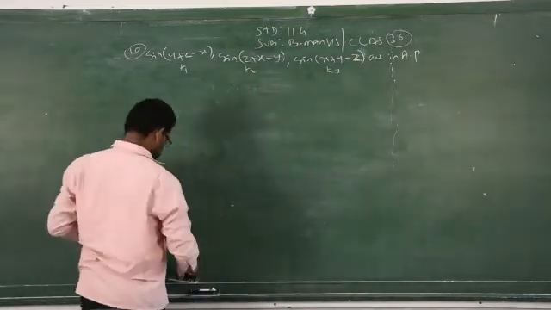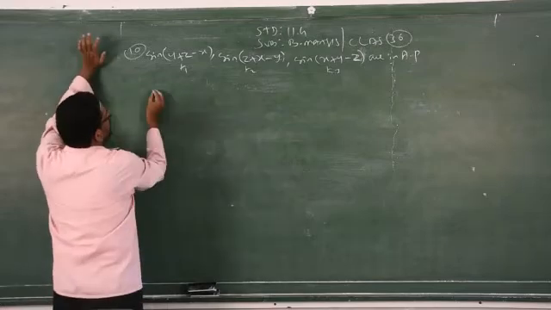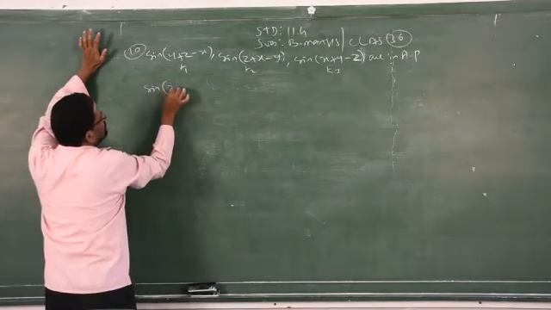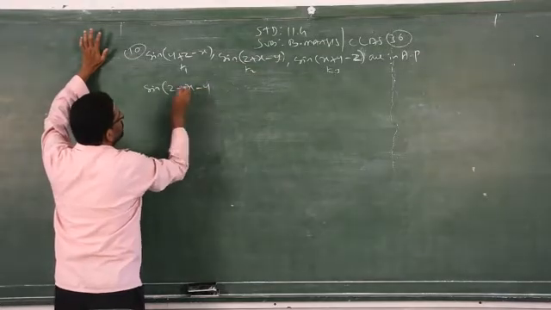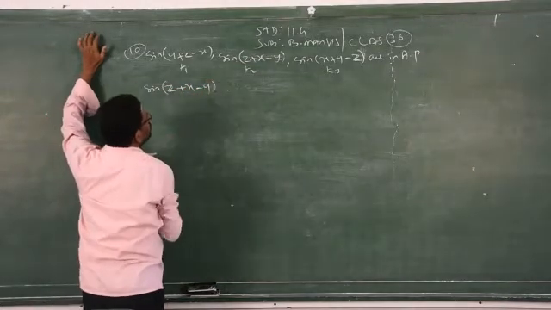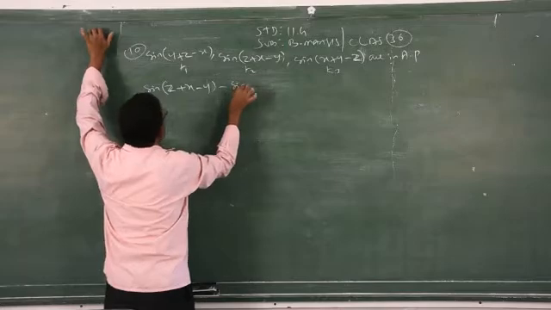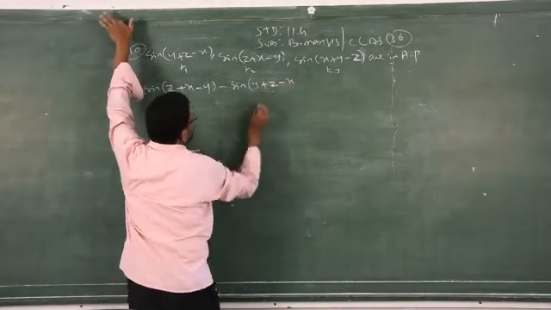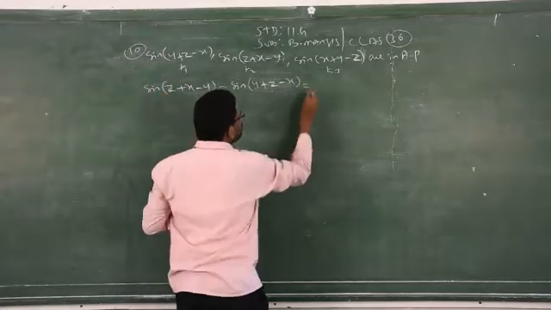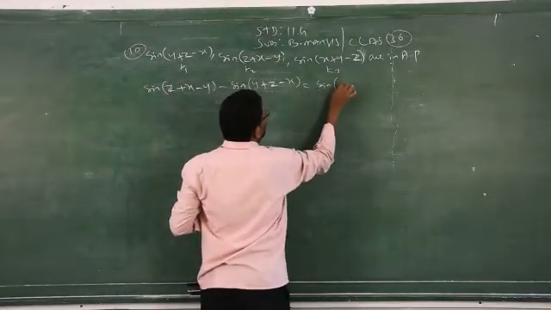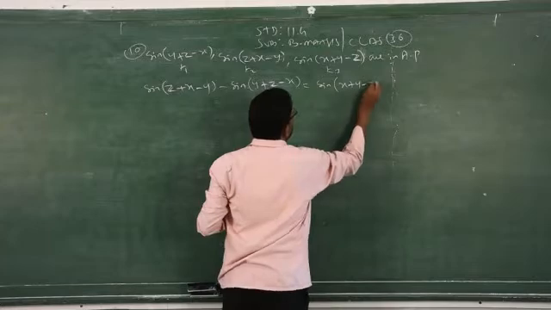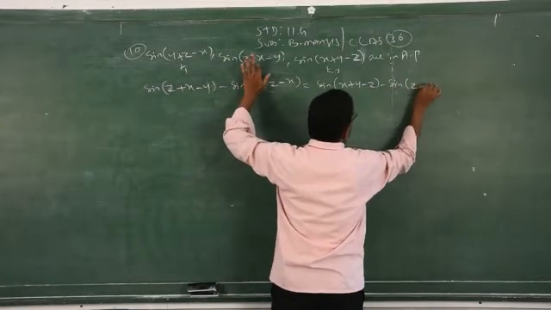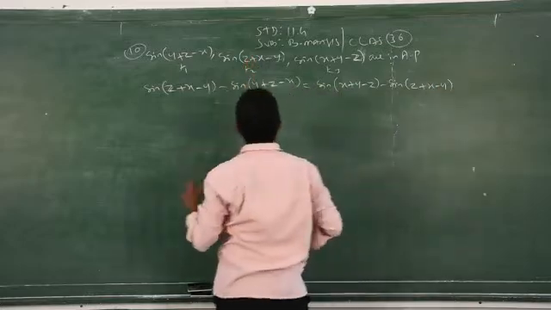Clear? Now according to the formula, T2 minus T1: sin(z plus x minus y) minus sin(y plus z minus x) is equal to sin(x plus y minus z) minus sin(z plus x minus y). Now you will get the answer.